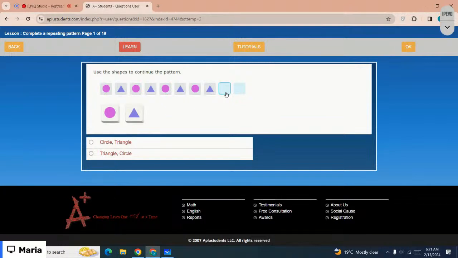Option number 1 is the correct option, right? The next one is circle and triangle.